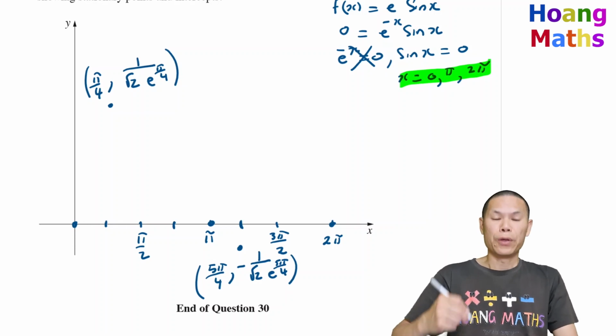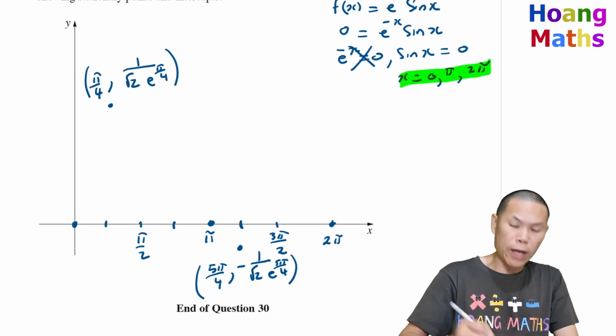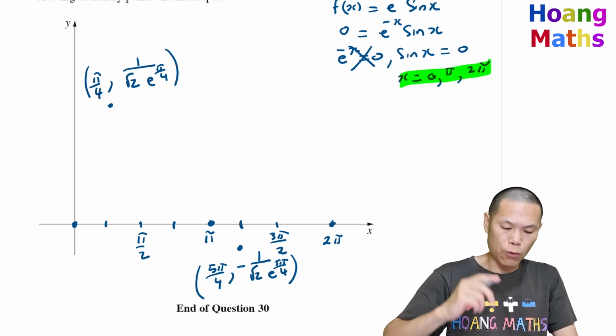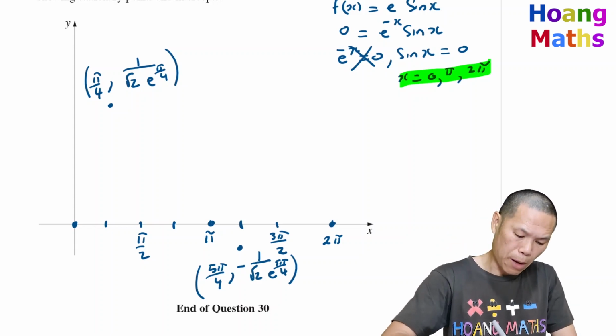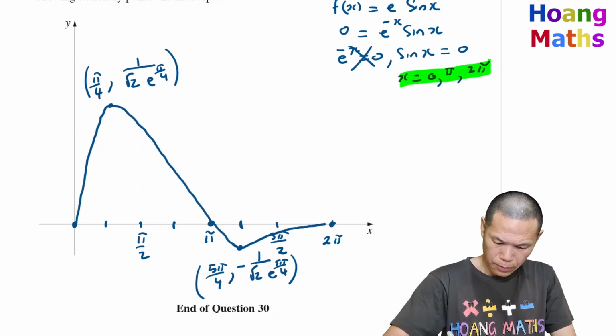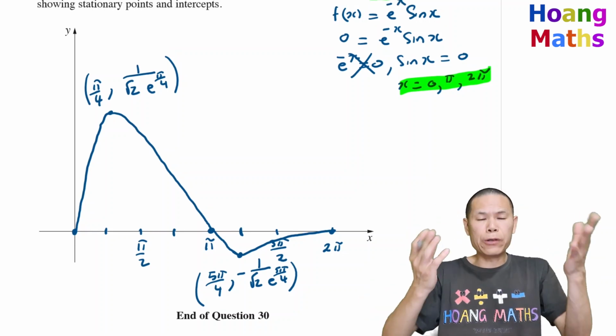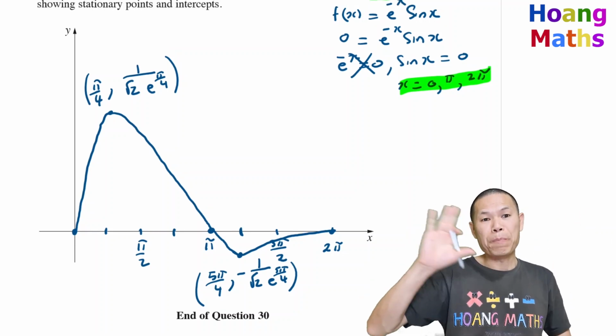And there you go. Now let me connect these points together, because the x-intercept and y-intercept is at 0, 0. So now we just join them up. So there you go. And thank you so much for watching. Bye.